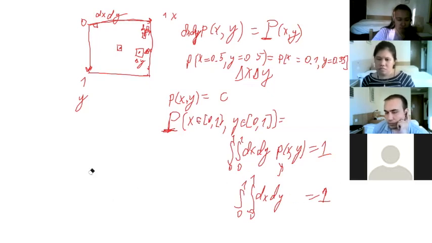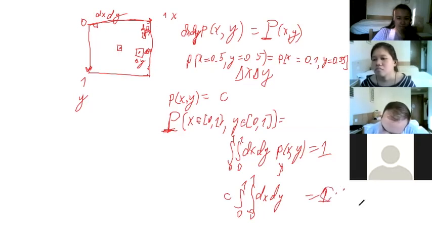You don't need anything inside the integral to evaluate. The geometrical interpretation of the integral is just the area, right? The area of the square is 1. So the integral is equal to c times 1, okay? And then you want it to be equal to 1. So c must be 1, right? So this c is 1, okay?